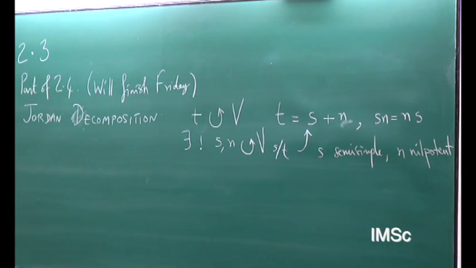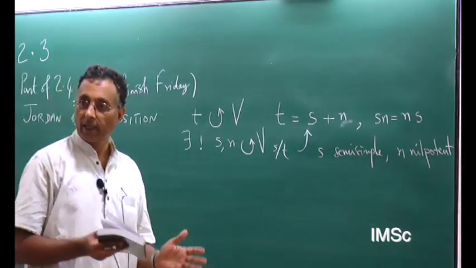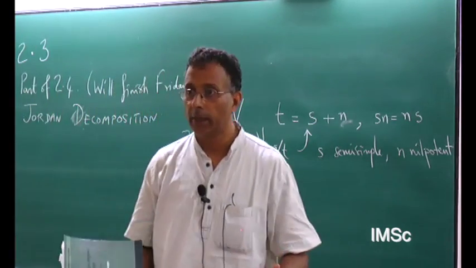There exists a basis of V, all of which are eigenvectors, possibly of different eigenvalues, possibly of the same eigenvalue for S. So there exists a basis of V in which the matrix of S is a diagonal matrix.